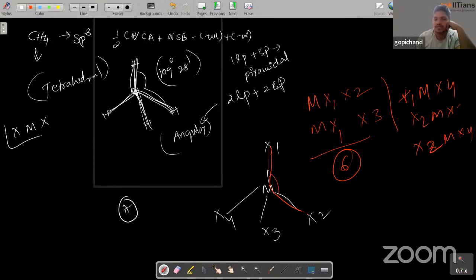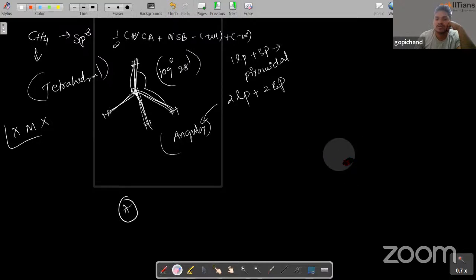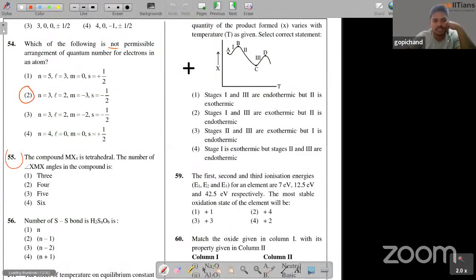For every set we can talk about, every set you are having 6 bond angles if you are confining between X, M and X, that is hydrogen, carbon and hydrogen. So the total number of bond angles possible will be 6.